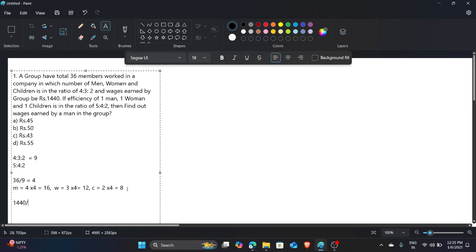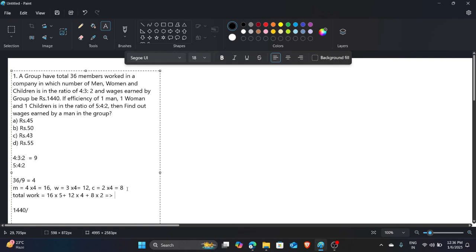Now the total work done by the men, women and children is 16 into 5 plus 12 into 4 plus 8 into 2.